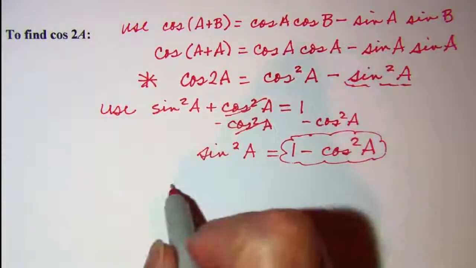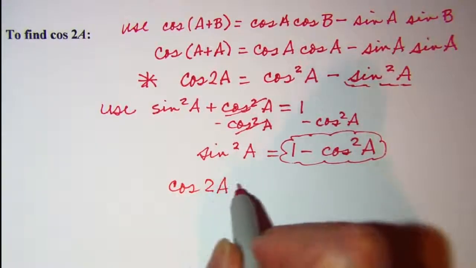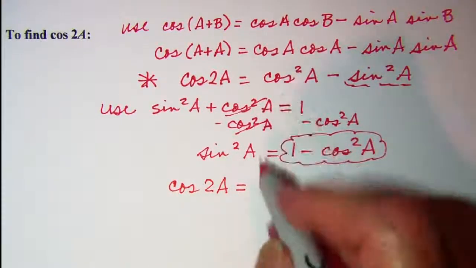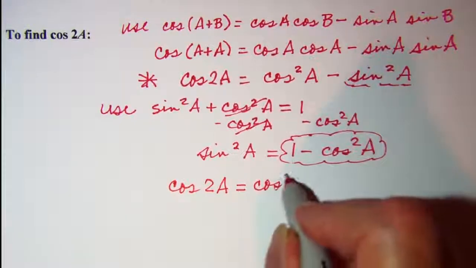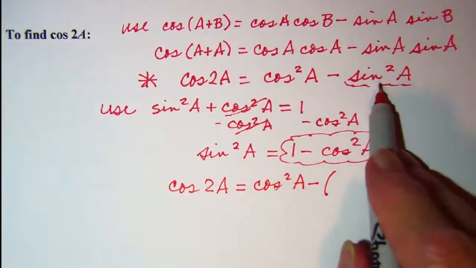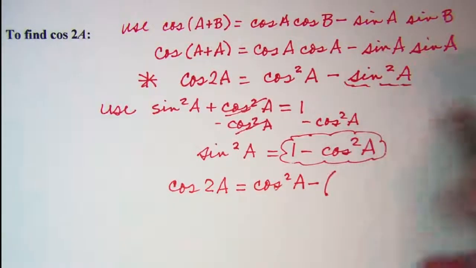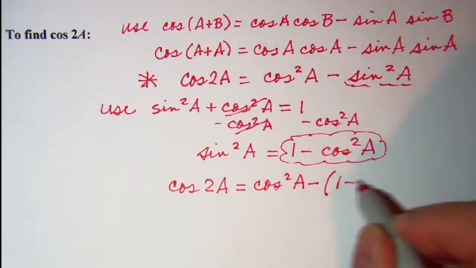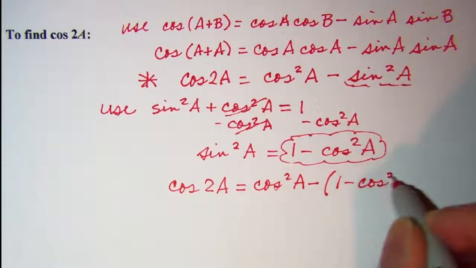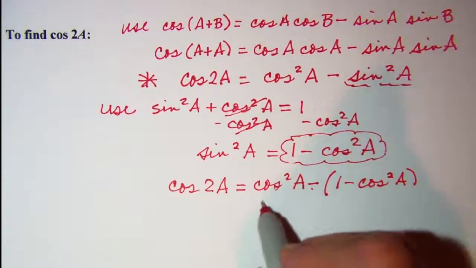So I have cosine 2a is equal to cosine squared a, subtract, and then in place of sine squared, I'm going to put in 1 minus cosine squared. And distribute my minus.